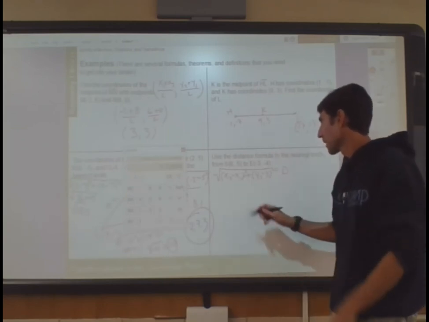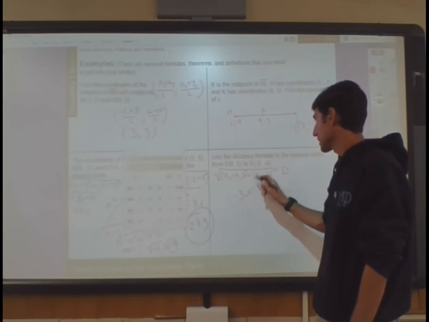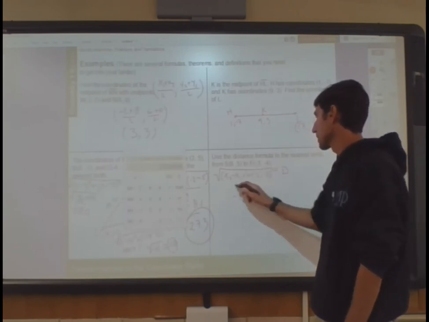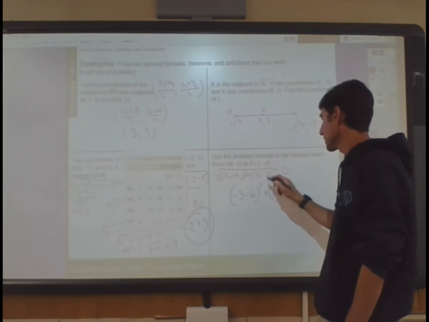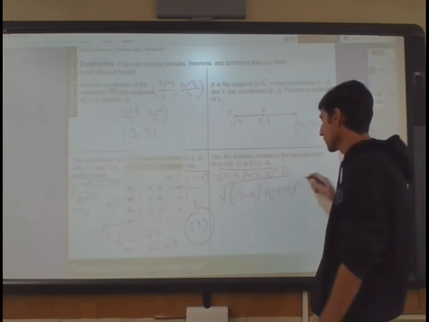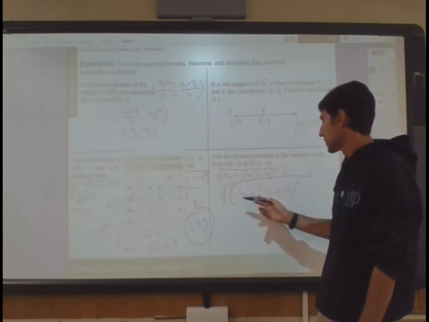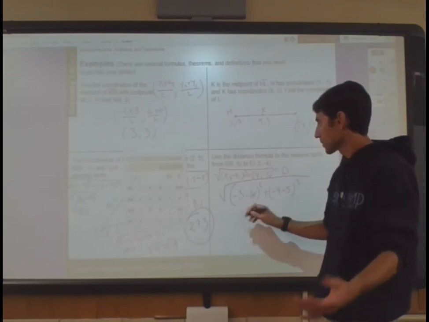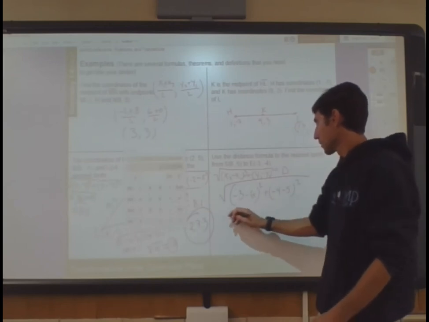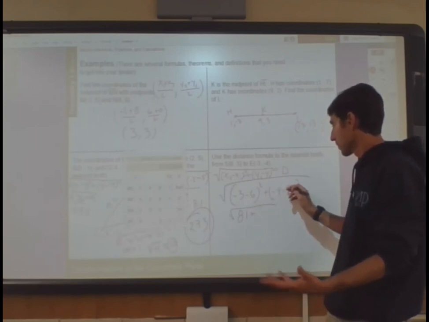All right, so x value, so we have negative 3 minus 6 squared plus negative 4 minus 5 squared, and we're taking the square root of this. So we have negative 9 squared, which is 81. And then we have, oh, another 9, right?